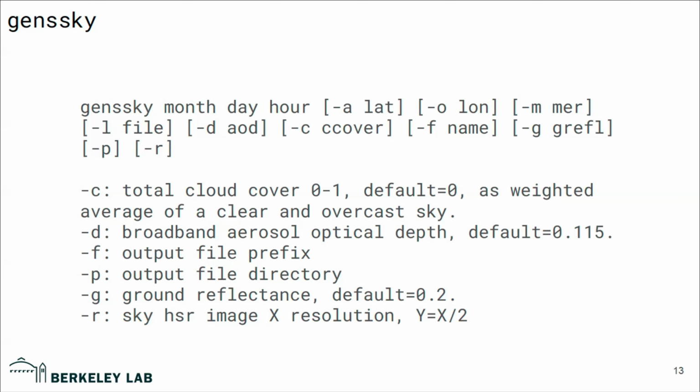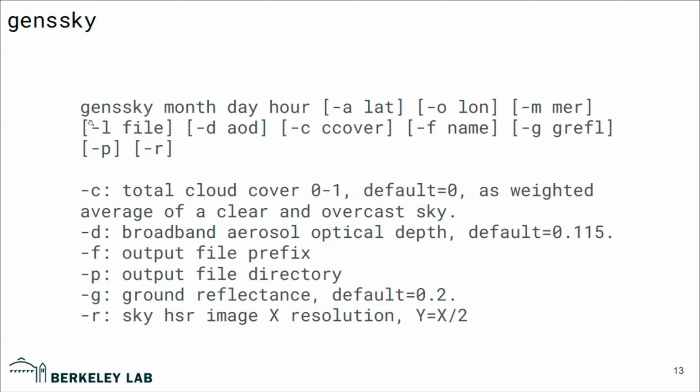And then for the output hyperspectral image file names, there's a default one, but you might want to change those if you want to do a lot of different runs. And then the P option is for saving the pre-computed data, so you can use it later.